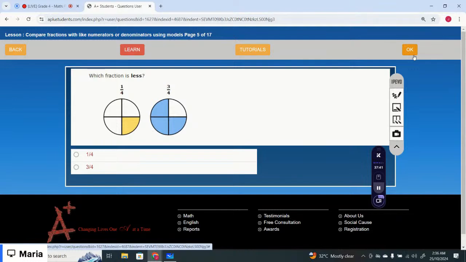Which fraction is less? 1 by 4, 3 by 4. 1 by 4 is less than 3 by 4, right?